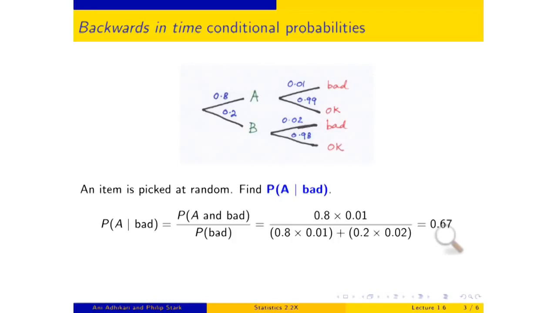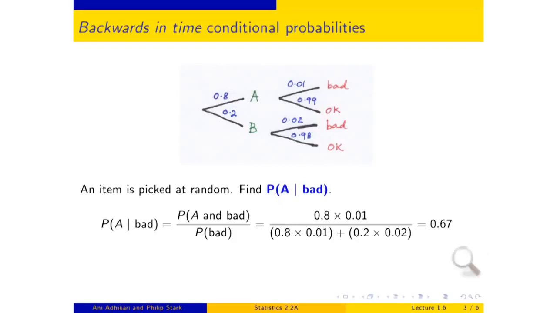Well, the vast majority are made by machine A, but machine B is a worse machine. It has a higher rate of producing bad items than machine A does. So given that the item is bad, your chance that it came from machine A drops from the chance that you originally had.